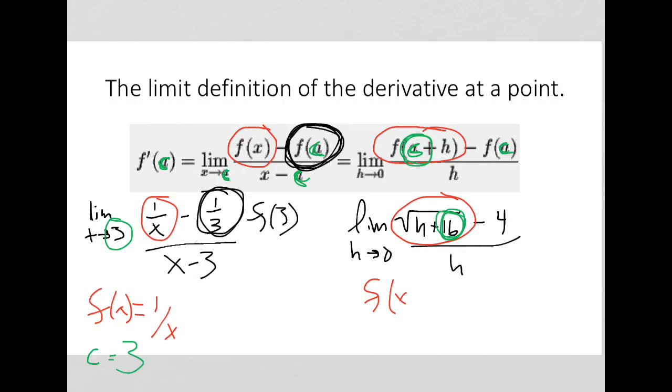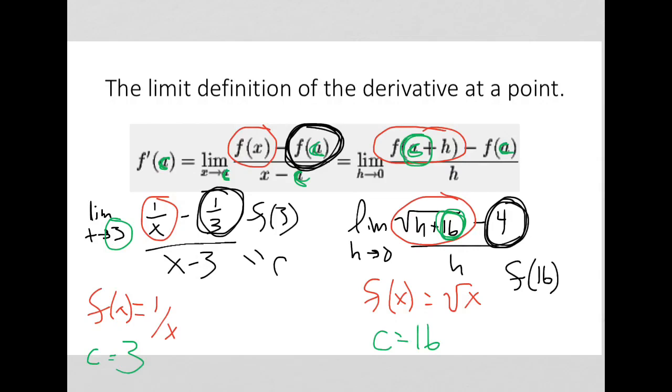So f of x is the square root of x, and the c value that I'm looking at is 16. And then again, recognize that the minus 4 is f of our c value, aka the square root of 16 is 4. Now the limit, the answer to this, is going to be the derivative at that point. So this would be f prime of 3, and this one would be f prime of 16. So soak that in.